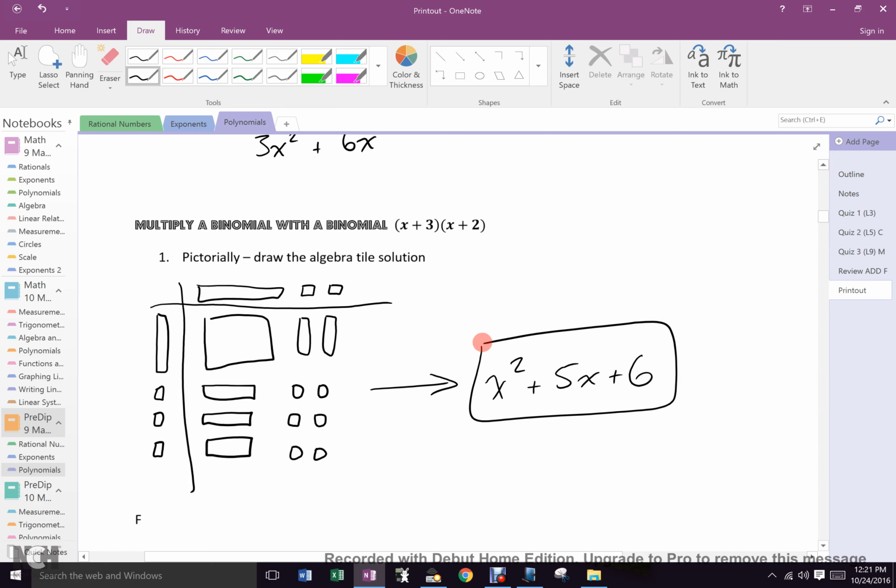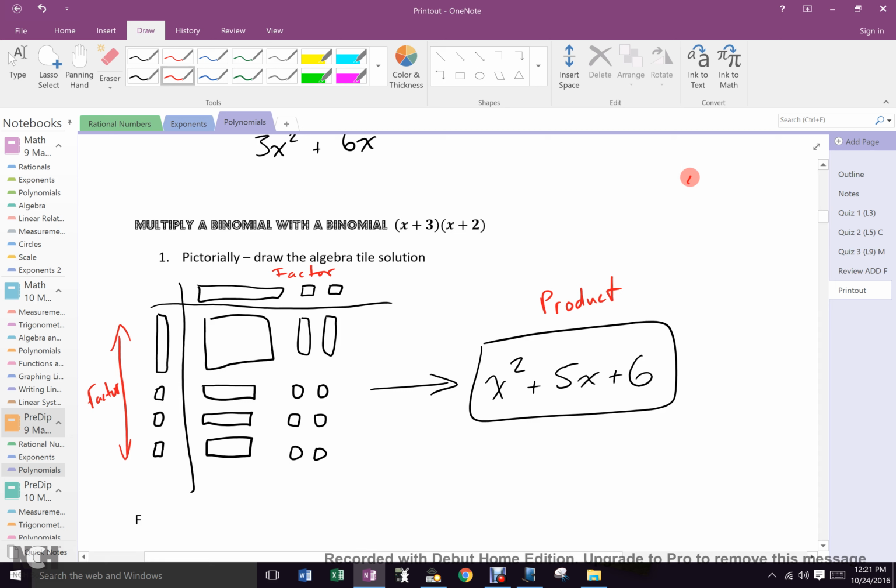Does everyone see how I had this as a factor and this as a factor to get this as my product? Is everybody good? Yep. Is it any different than what you've already been drawing?